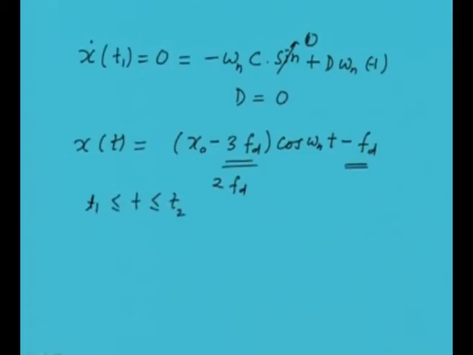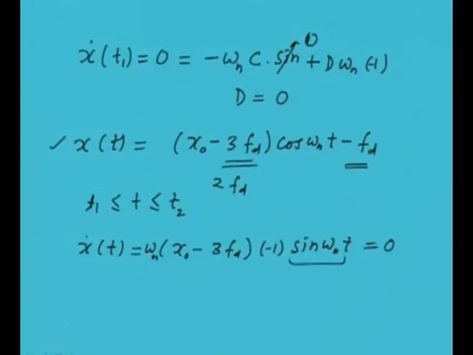So, t2 can be obtained by differentiating this with respect to time and equating it to 0, because that is the condition when this mass will again become stationary. So, the similar condition we are getting.